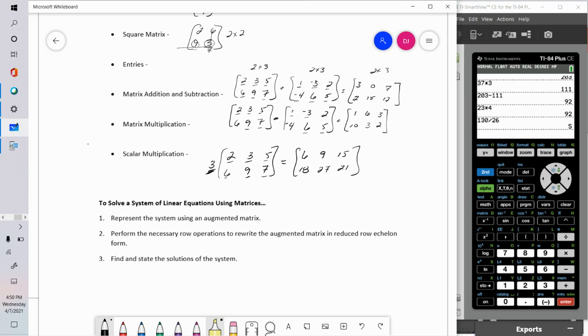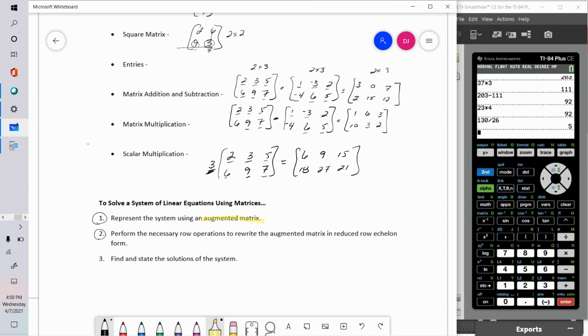There are 3 basic components, 3 basic parts to solving a system. First, we're going to represent the system using an augmented matrix. So clearly, we're going to have to spend a few minutes here talking about what is an augmented matrix.